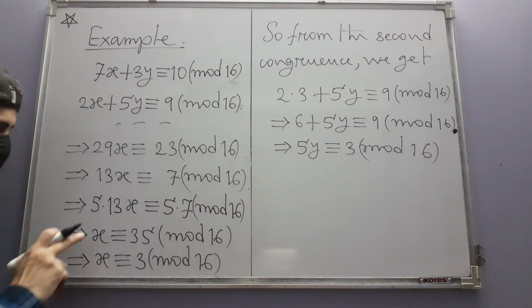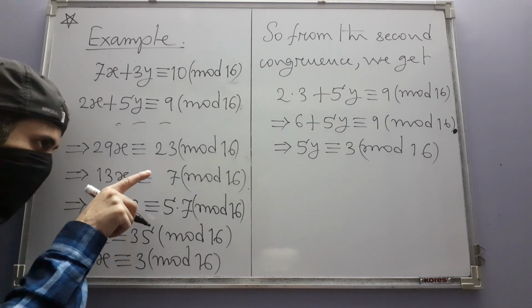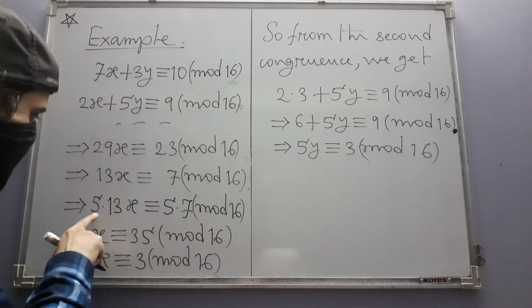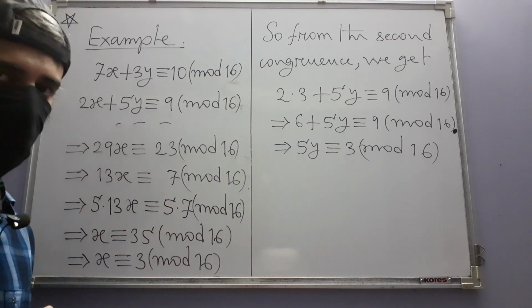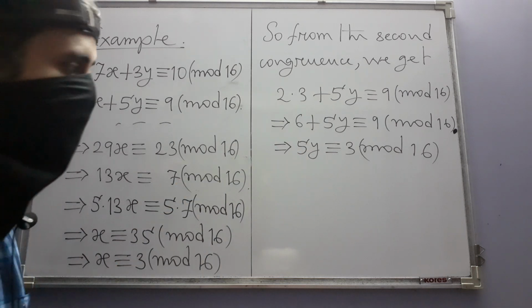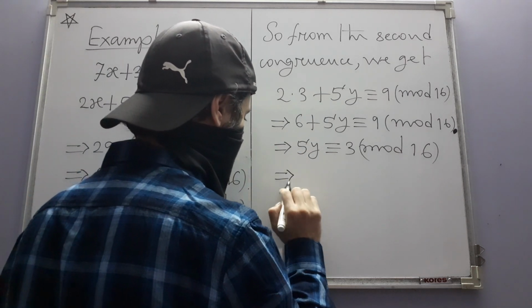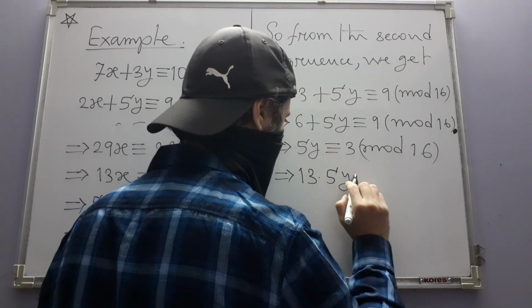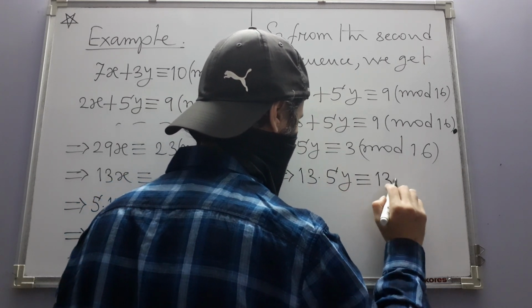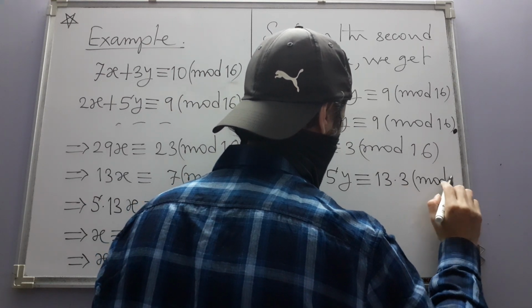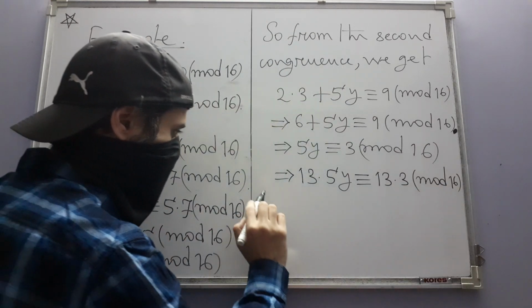Now, whatever trick we applied here can also be applied there. But what do you have to do now? Because 5 times 13 is congruent to 1 mod 16, multiply both sides by 13. That will give you this, mod 16.